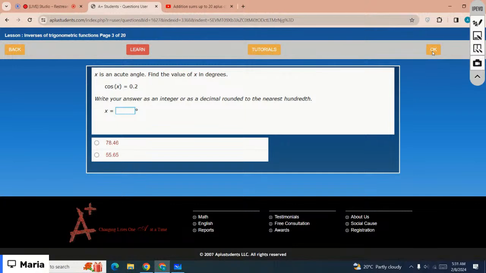The correct option is 78.46. Option number 1 is the correct option.